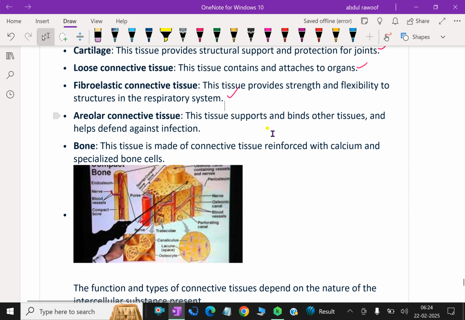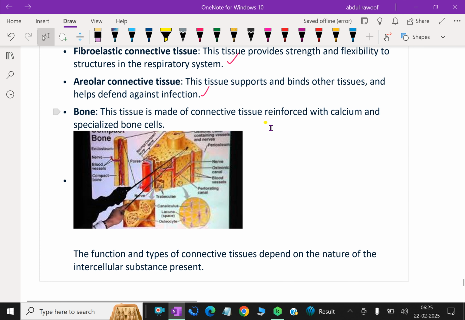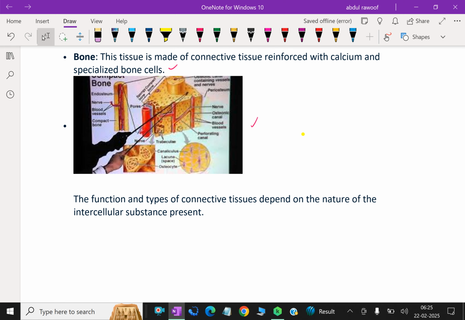These tissues support and bind other tissues and help defend against infection. Bone. This tissue is made of connective tissue reinforced with calcium and specialized bone cells. The function of types of connective tissues depends on the nature of the intercellular substances present.